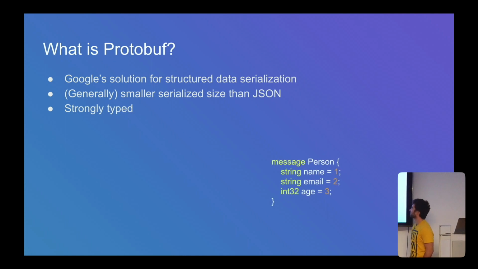Here is a simple message. We can see that it is strongly typed, and there are field identifiers for every field. These identifiers should never change, which makes these Protobuf messages backward compatible.